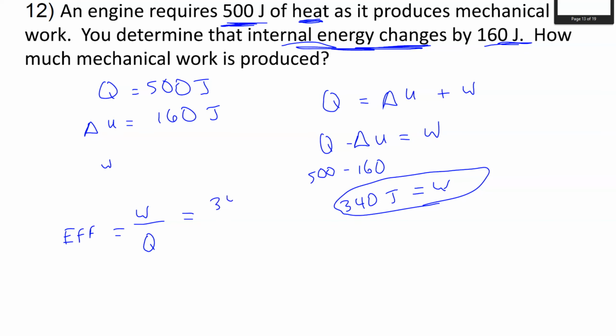I got 340 joules of work when I paid for 500 joules of heat, and that would be 68%. 500, multiply the bottom by 2, you've got to multiply the top by 2 and move your decimal places. 68% right there would do that.